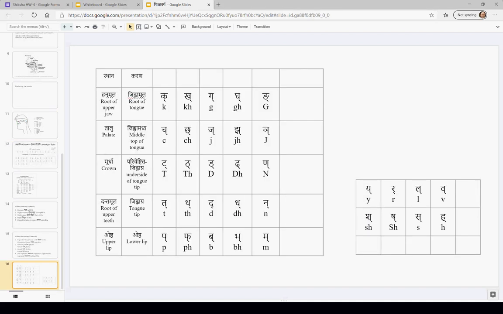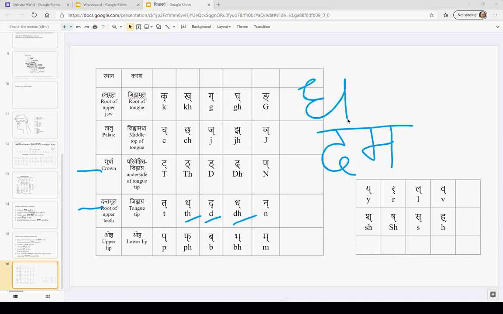So these two lines are distinct pronunciations. Tha, like anthrax. Like dama. Dama is something like control.